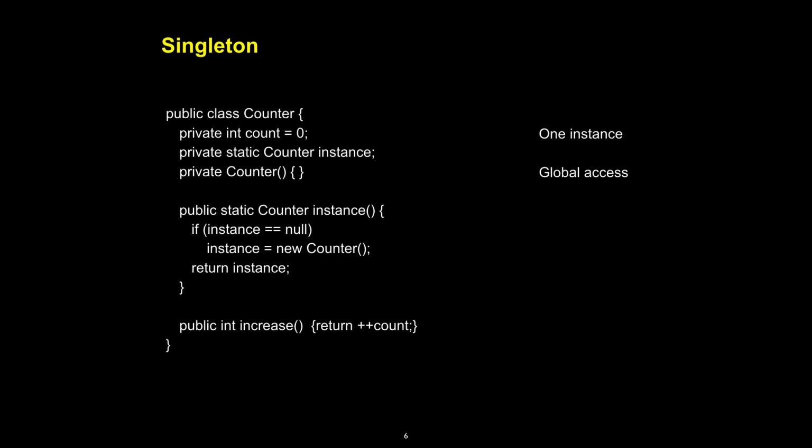We have a static field, which the textbook calls instance. We hide the constructor, so the outside world cannot create an instance of the class. We have a static method that we use to get that instance, and it checks if the instance is null, it creates it, otherwise it returns it.